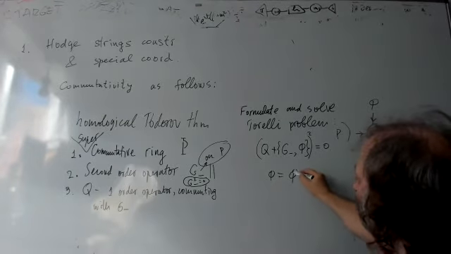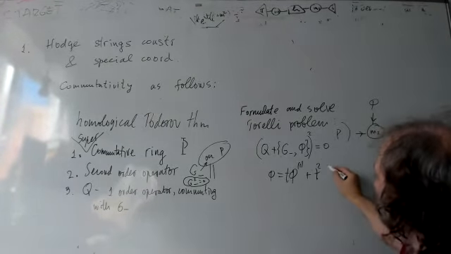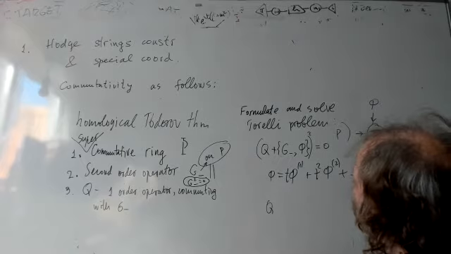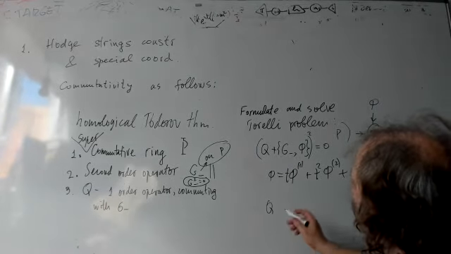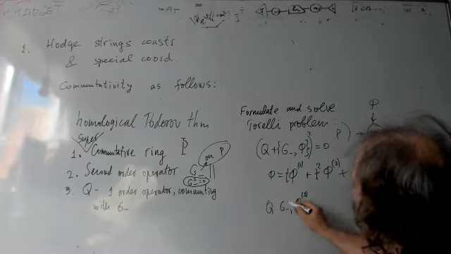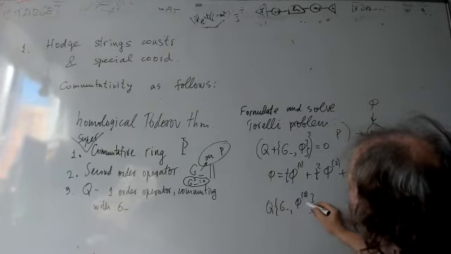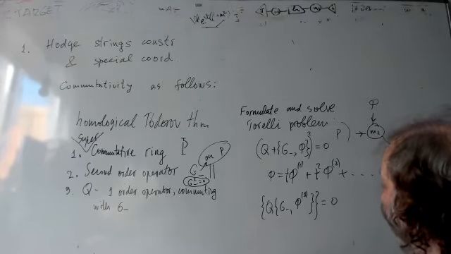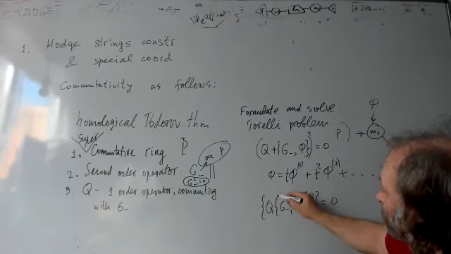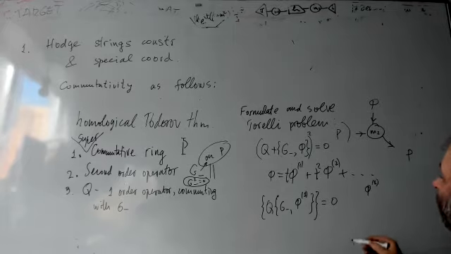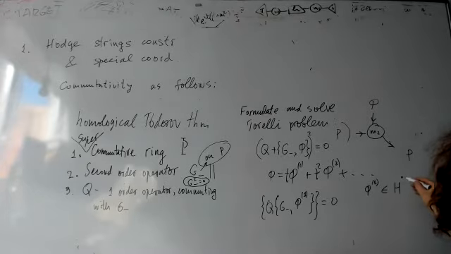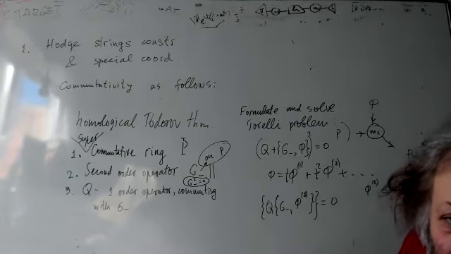Phi is phi1 plus t squared phi2 plus etc. Q G minus phi1 equals 0. Here we say that phi1 belongs to the cohomology of Q, and I will call it this way, Q G minus. Let me introduce this notion.